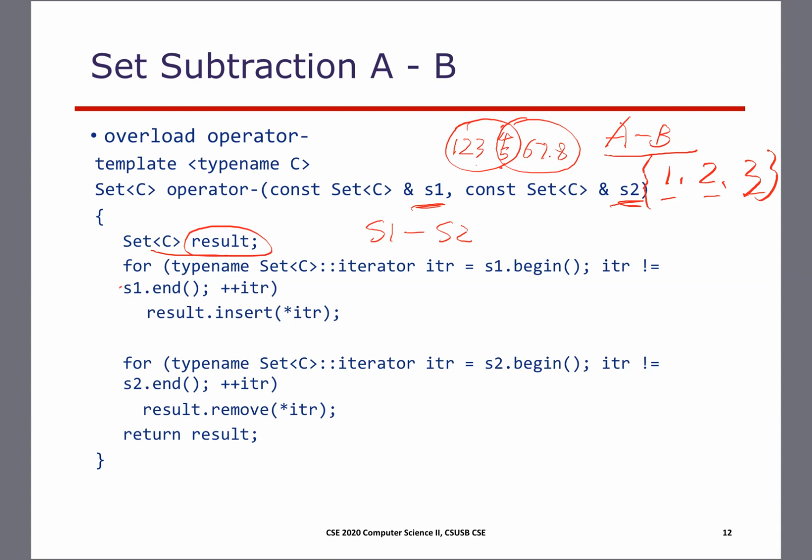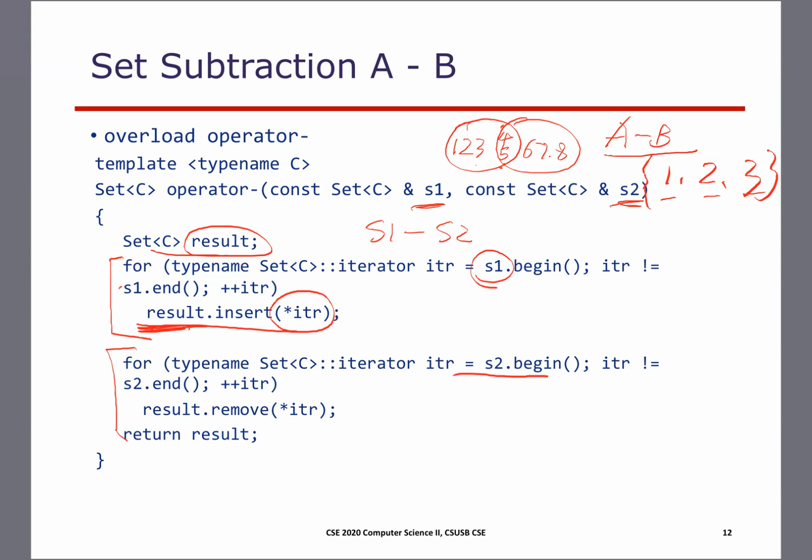Then we use the first for loop to access every element in S1 and insert every element in S1 into result. Then in the next for loop, we remove the elements of S2 from the result.